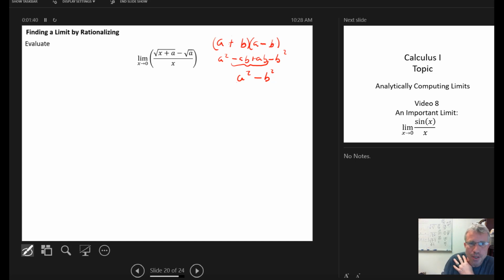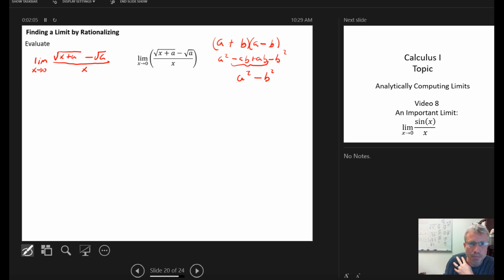So in this case, I'm going to rewrite the original problem, which is the limit as x goes to 0 of, and the fraction bar there means I really don't need the parentheses, the square root of x plus a minus the square root of a, over x. And the first thing we want to look at is the denominator, which is x.